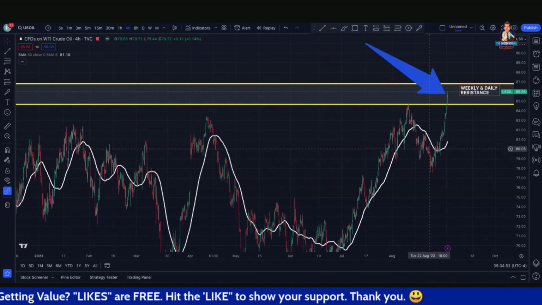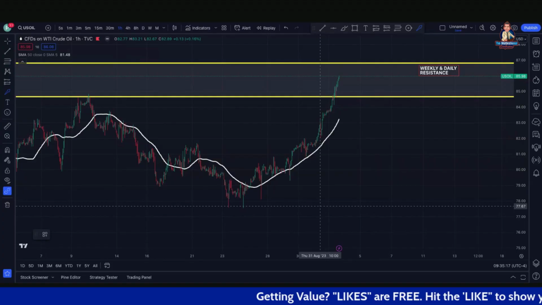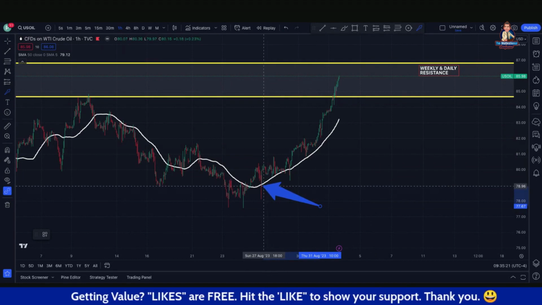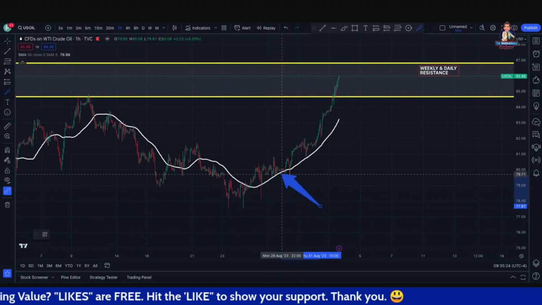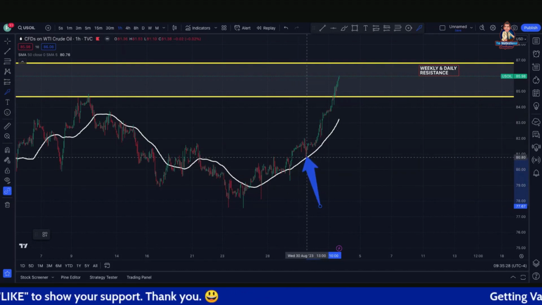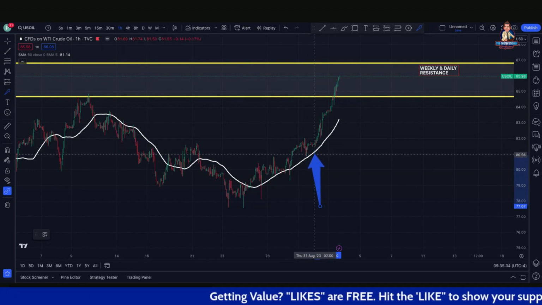So now we're going to walk it down to the 1 hour time frame. Okay, so now we are sitting at the 1 hour time frame, and again, just showing you how you can take advantage. I've done a full training on this in our members area, so if you decide to join, you'll be able to catch this on the 50-day moving average and how it can give you good entries.